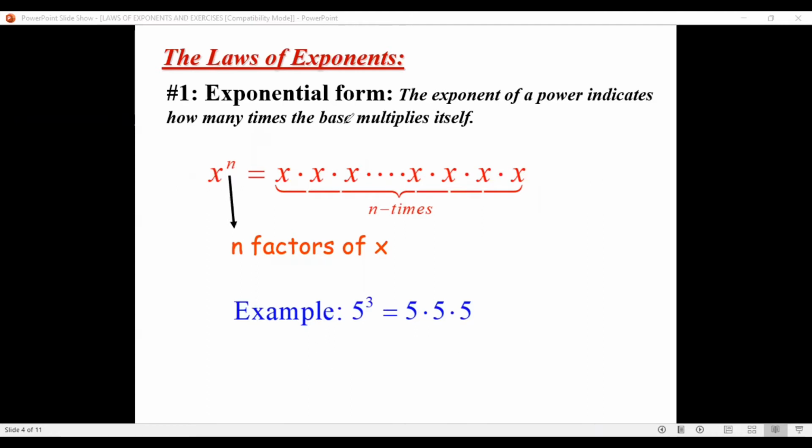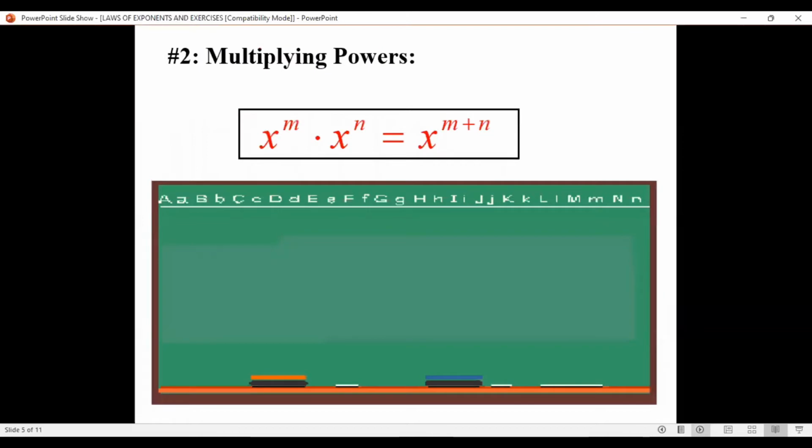Now let's go to the other rule. We have here now the multiplying rules. So if you are multiplying exponential numbers with the same base, like in this case, x being the base, and then x also the other one, so x raised to m multiplied by x raised to n is equivalent to x raised to m plus n.